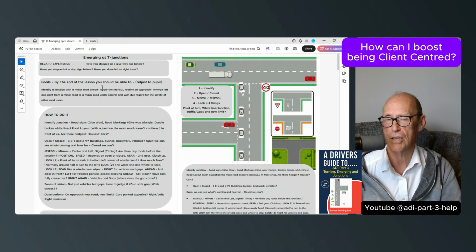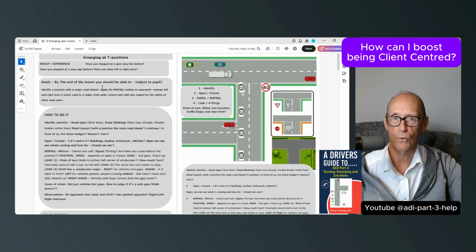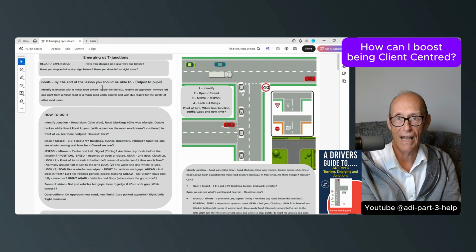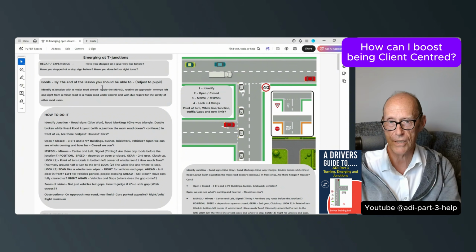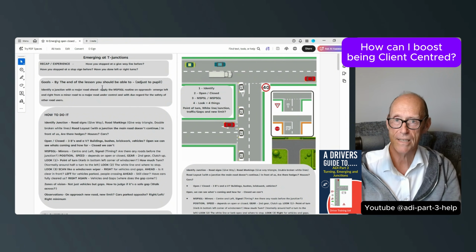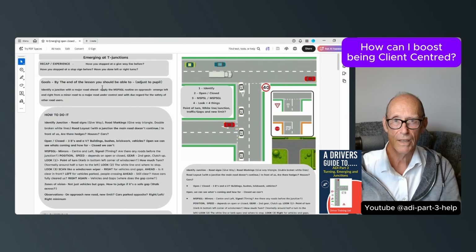Can I ask you, do you know how to identify them? No. Do you know about open or closed junctions? No. Mum and Dad have never mentioned that when I've been having lessons with them. So we're able to be client-centered and find out what the pupil knows, what the pupil doesn't, and then build the lesson around them. Can you see how easy doing client-centered learning is?